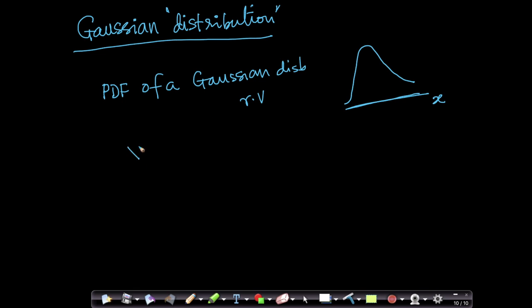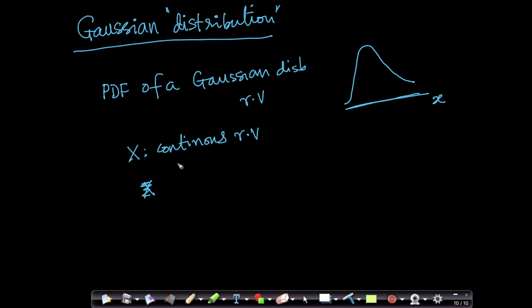So let's assume x is a continuous random variable, and if x has a PDF, a probability density function, that looks like your bell-shaped curve, then we say x has a Gaussian distribution. I'll also introduce some notation on how to represent the distribution of a random variable in a while.